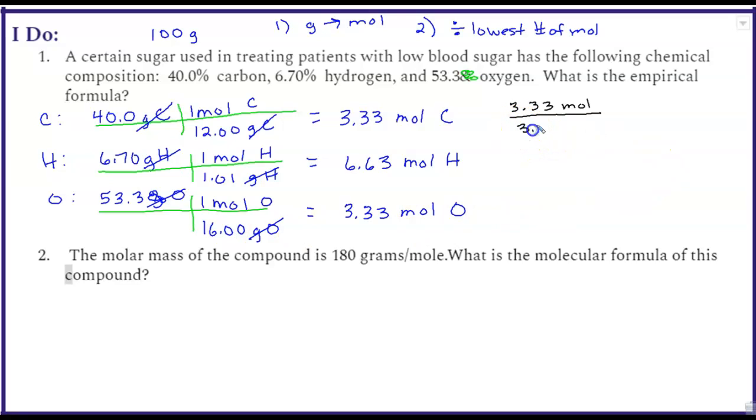And I'm going to divide it by 3.33 moles, again, because I'm dividing each by the smallest, and these two are the same, so technically they're both the smallest. So this one would be a 1, 6.63 divided by 3.33 moles, and again moles.